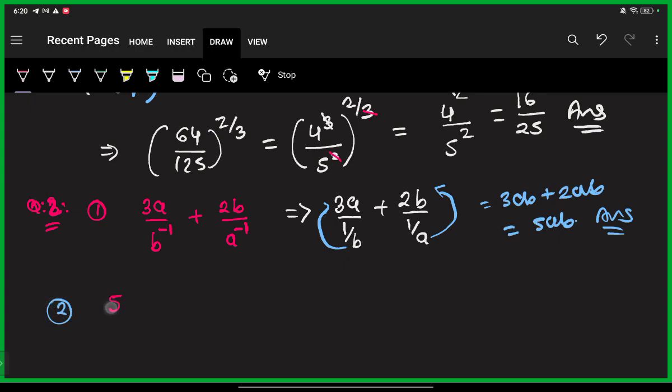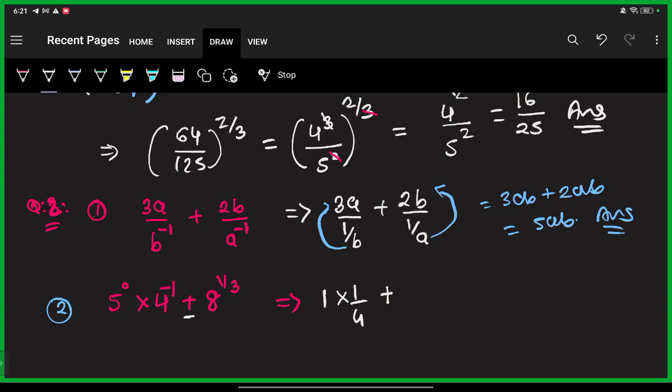Number 2. Solve this thing. 5 raised to 0 multiplied by 4 raised to minus 1 plus 8 raised to 1 by 3. Tell me how to solve this question. So it will be 1 into 1 by 4 into 8 raised to 1 by 3. This is a plus sign, okay?